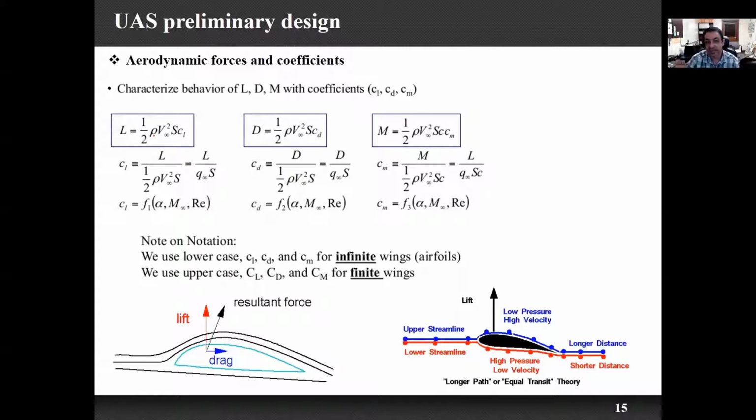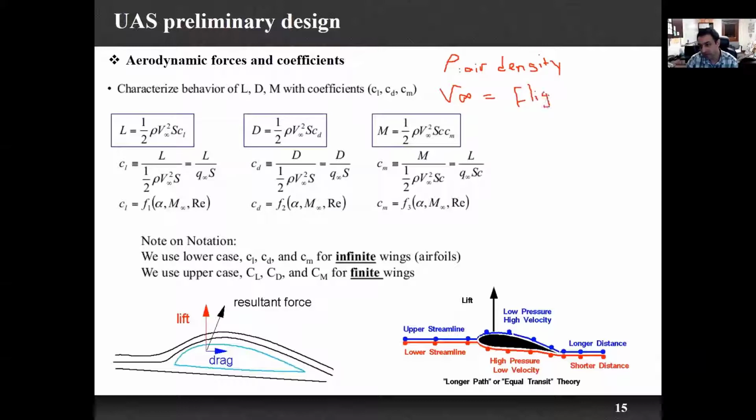The rho is the air density, in all of these equations. The V infinity is the flight speed, the speed of our airplane in different flight modes.